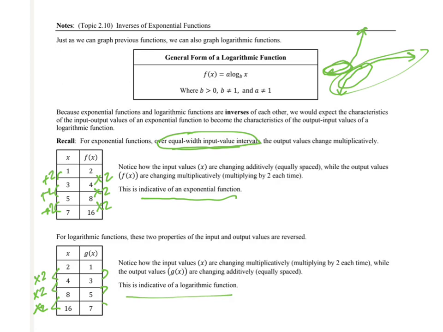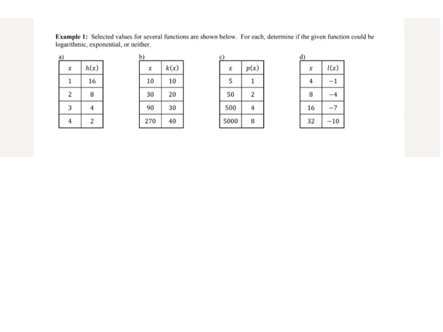Okay, so if your y values are doubling, it's exponential. If your x values are doubling, it's logarithmic. Can you see that? Okay, let's go on to the next page. Some of you are looking at me like, no. I'm going to write that down. If your x values are changing multiplicatively, that would be logarithmic. If your y values, your outputs, are changing multiplicatively, that would be exponential.